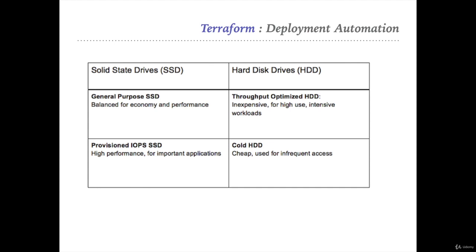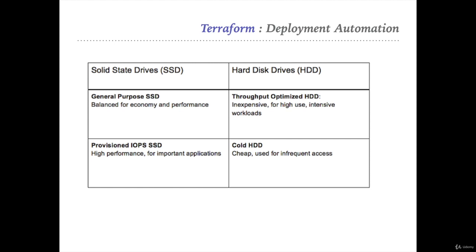In the HDD as well, we have two kinds of HDD disk. The first is the throughput optimized HDD, which is inexpensive for high intensity workloads, and the second one is the cold HDD, which is cheap, used for infrequent access. Throughput optimized HDD is required for applications which need a lot of bandwidth, where you need to store a lot of data and access that data frequently.